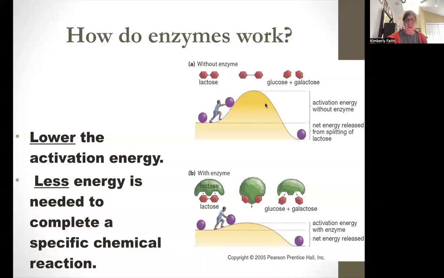Now down here, you can see at the bottom, we have lactase. It binds to that binding pocket, lactose. It changes its shape and it breaks those disaccharides down into two monosaccharides. And you can see it's still an exergonic reaction, but that hill is so much lower, it doesn't require as much energy to get up and over. And it makes those chemical reactions go faster.